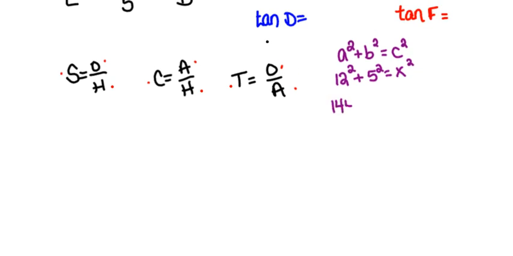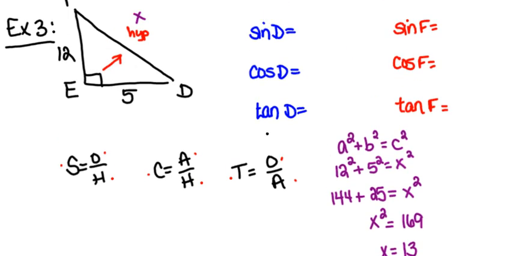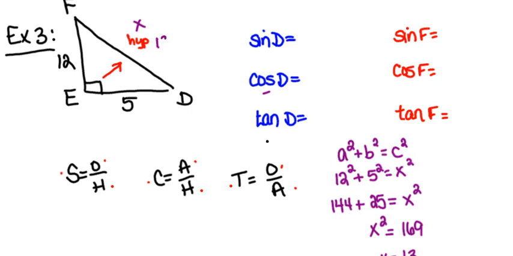I get 144 plus 25 is equal to x squared, or in other words, x squared is equal to 169 and x is equal to 13. So my hypotenuse here is 13.